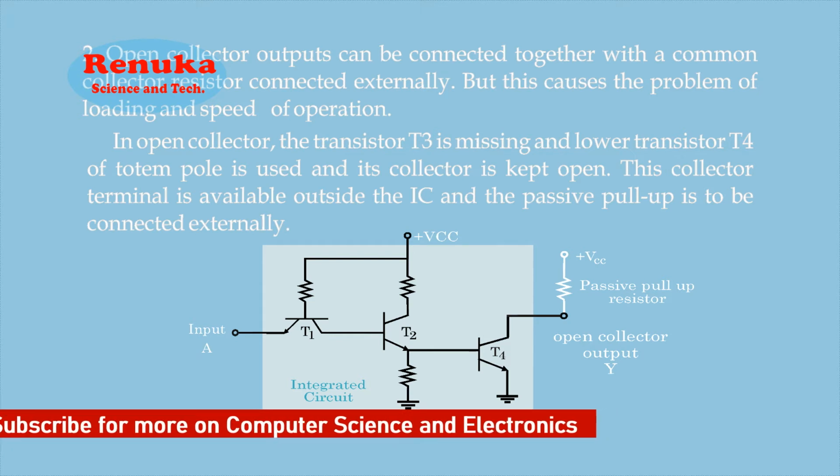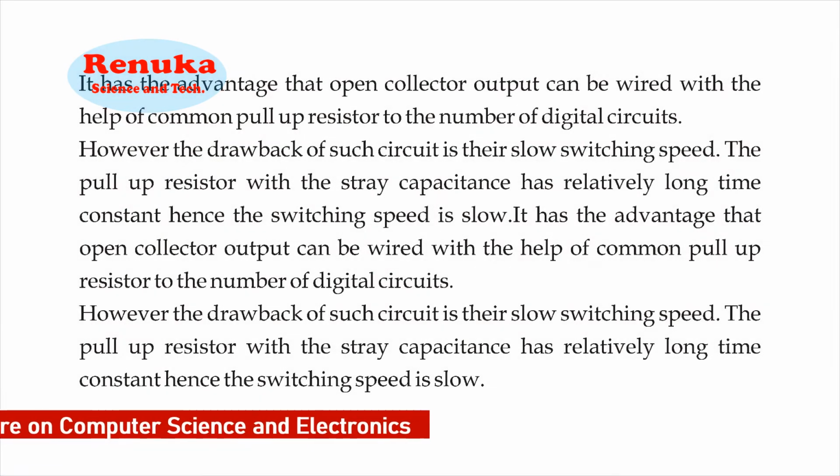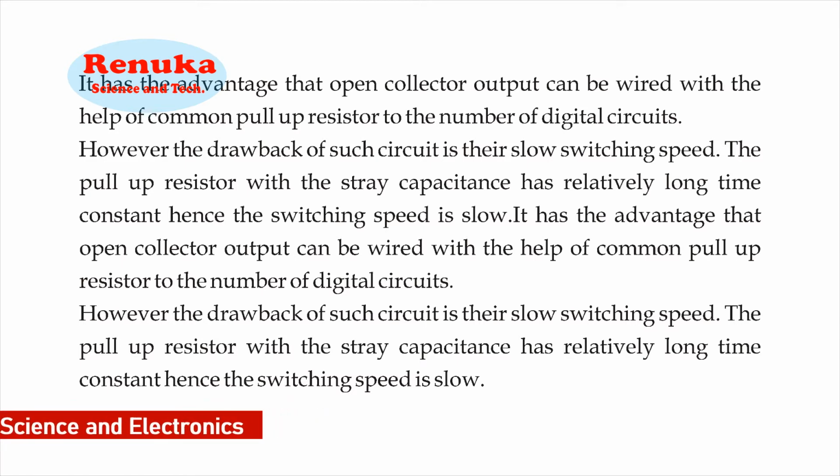If the propagation delay time is increasing, the time to reach the input condition at the output will increase. So in general we can say, if the open collector output is commonly taken, then the propagation delay times of all gates will be increased. It will load the circuit, and if loading is there, then there will definitely be a decrease in the speed of operation of the circuit.